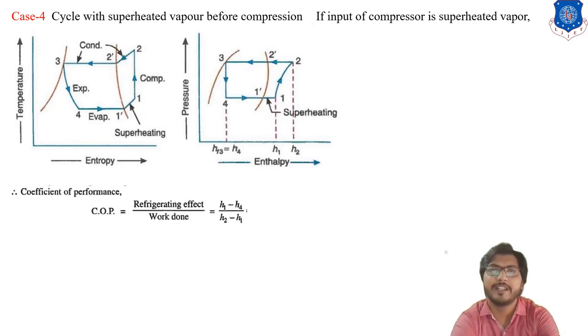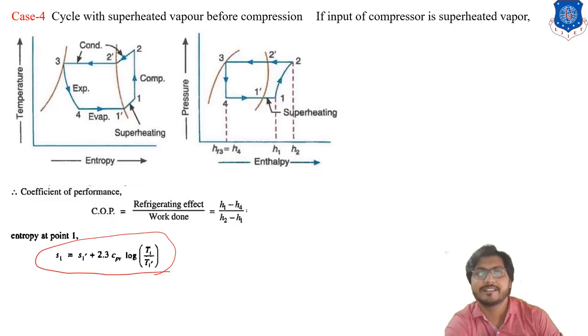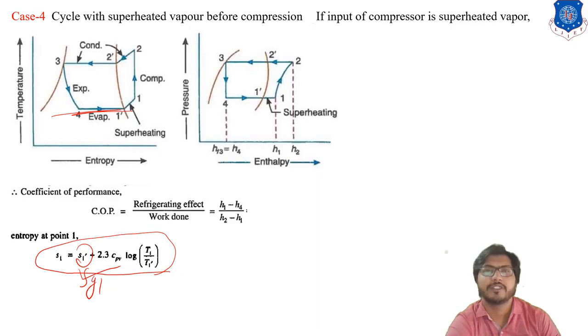Okay. So the COP remains the same, but the calculations of H1, H4 and H2 are different from other cases. So first of all, the entropy at point 1. This is the formula for entropy at point 1, because point 1 lies outside the dome, that's why we use the log formula. S1 dash is nothing but Sg1 corresponding to this point, and 2.3 Cpv.